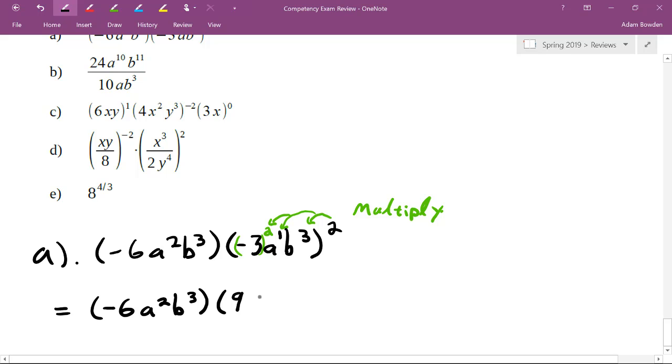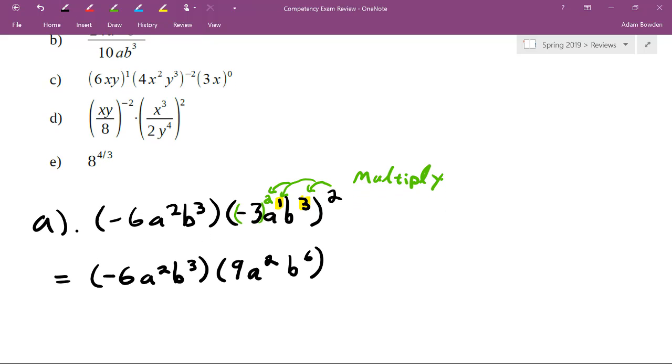Then for a, 2 times 1, we get a squared. 3 times 2, we get b to the sixth. Okay, so that's something to really watch out for. I multiplied the exponents here and here, but I actually raised the coefficient in front to the power above.